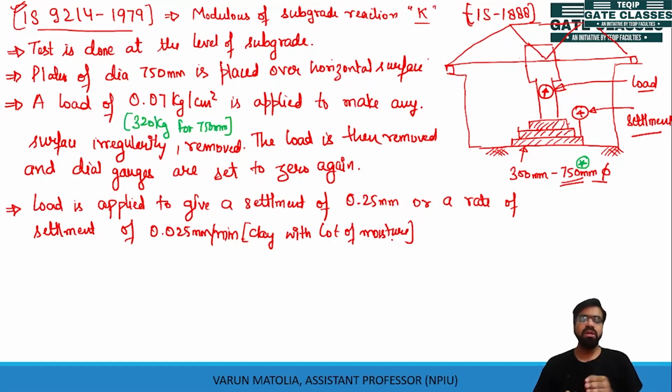So to get the load dissipated, we apply gradual loading, such that the visible settlement is 0.025 mm per minute. But if it is gravel or sand, the settlement is made up to a level of 0.25 mm with the application of load. There is no problem of the moisture taking the applied load.